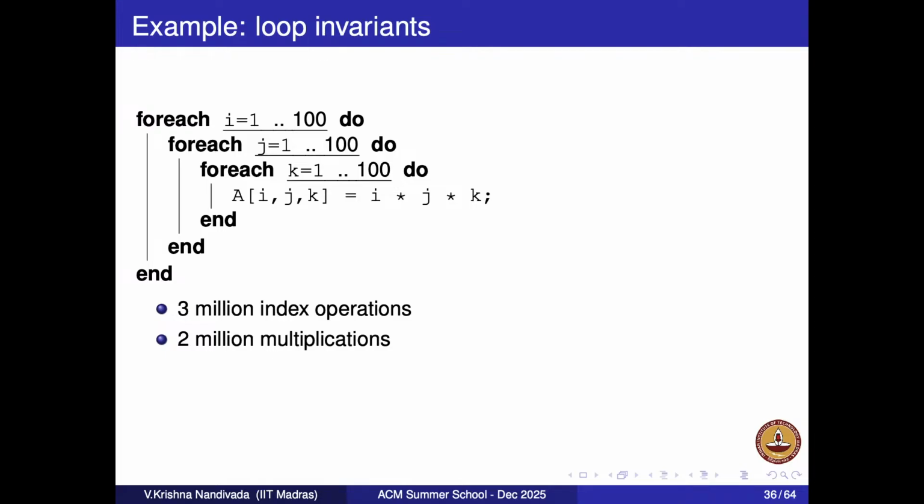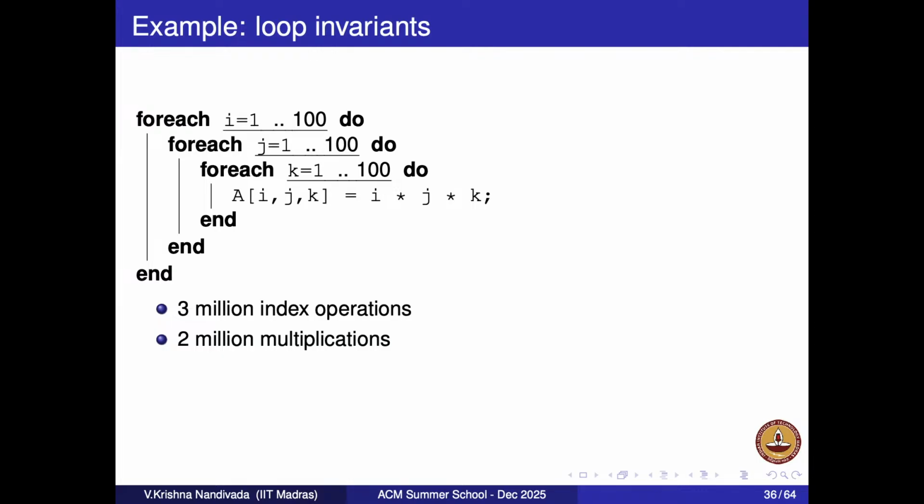If I am not a super person with a superpower, how will I know? I need to have a series of steps using which I have to tell i times j is invariant. If I see the k loop, the only variable which is changing is k. So we are multiplying that k, right?